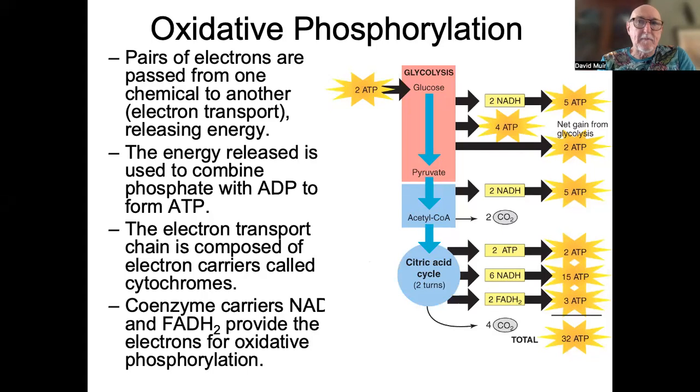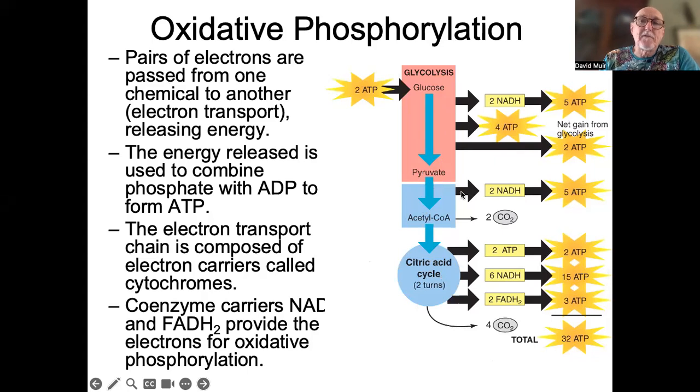This is where we ended up last time. And this is a summary of all of the processes that we discussed, which end up producing 32 molecules of ATP from one molecule of glucose. We saw all of our pathways: glycolysis, intermediate step, then the citric acid cycle, Krebs cycle.